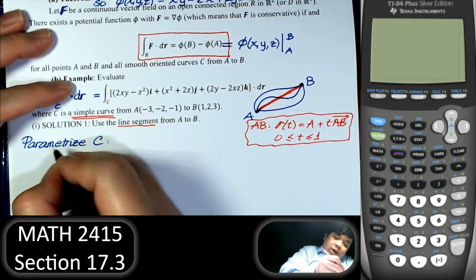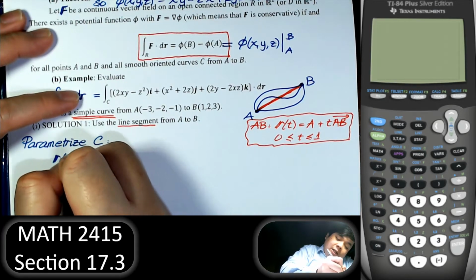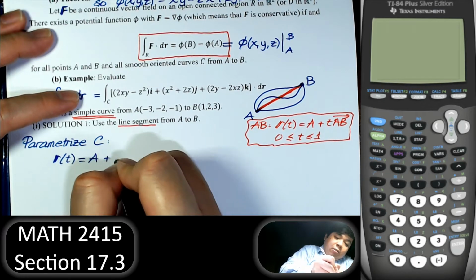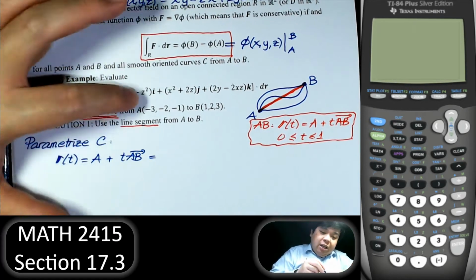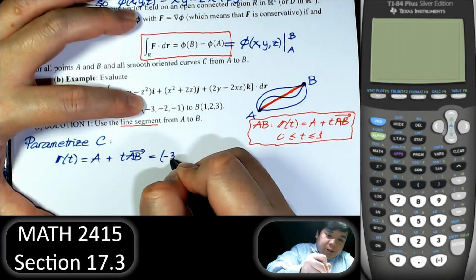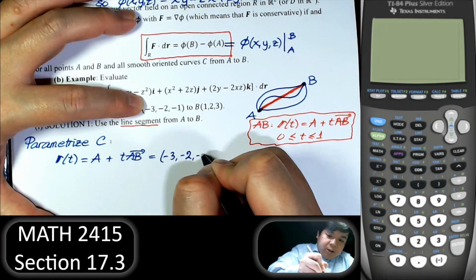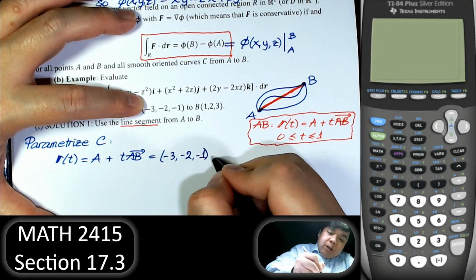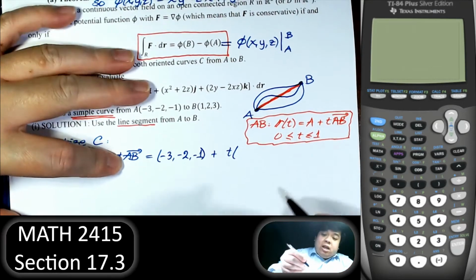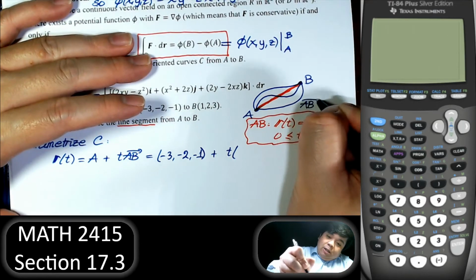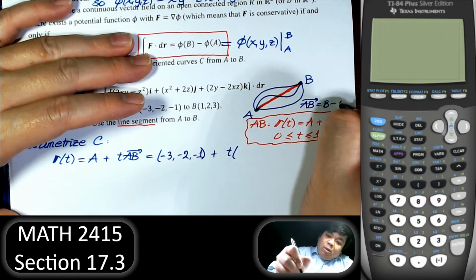Here we have r of t equal to A plus t times the vector AB. A is that point, plus t times the vector AB, because it's B minus A, so AB is final minus initial.